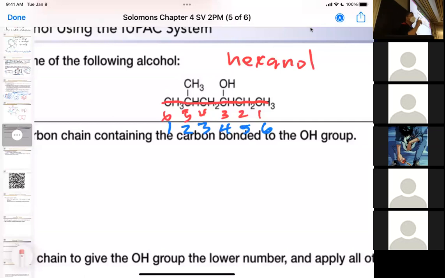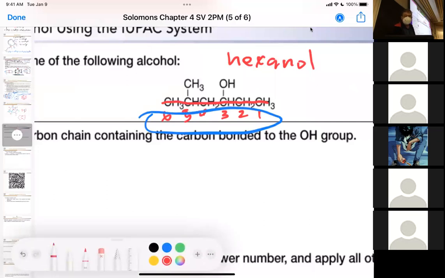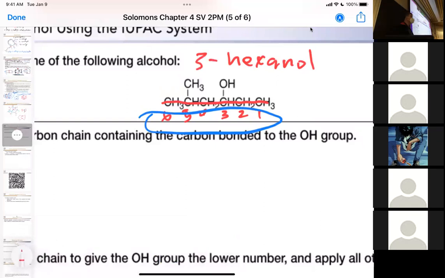But we're naming it for the alcohol, so you want the functional group it's being named for at the lowest number possible. That means we can't use these numbers here. We must use the numbers here. Now that we're using those numbers, that puts us at 3-hexanol.